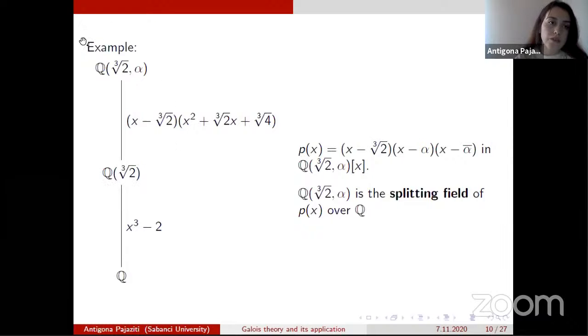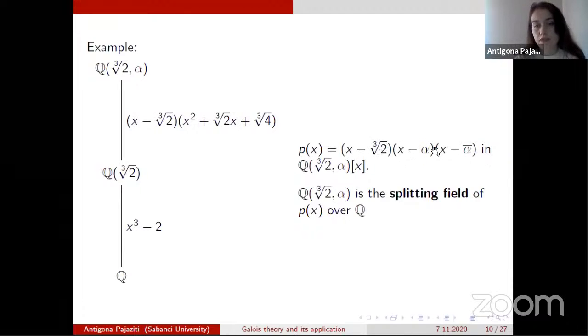So that's why we can create another extension that contains the roots of this polynomial. And this polynomial can be written into linear factors in this way: x minus the cube root of 2, times x minus alpha, times x minus alpha conjugate, where alpha is the complex root of this polynomial. In our case, the rationals adjoined with the cube root of 2 and alpha is a splitting field of p(x) over Q, because, as we can see, the polynomial can be written as a product of linear factors.